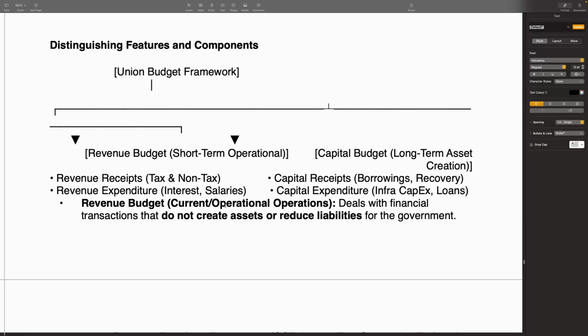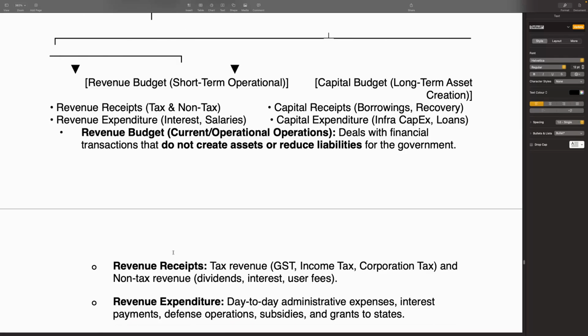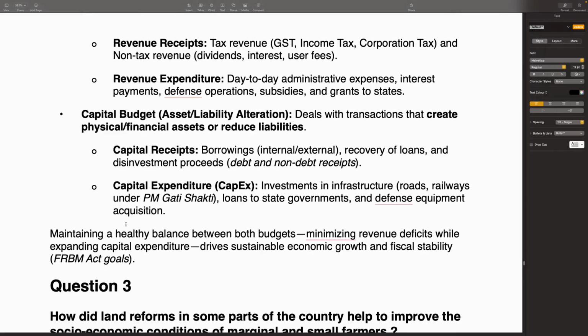Revenue budget, current operations: deals with financial transactions that do not create assets or reduce liability for the government. Revenue receipts: tax revenue, GST, income tax, corporation tax, and non-tax revenue, dividends, interest, user fees. Revenue expenditure: day-to-day administrative expenses, interest payments, defense operations, subsidies and grants to states. Capital budget, asset-liability alterations: deals with transactions that create physical or financial assets or reduce liabilities.